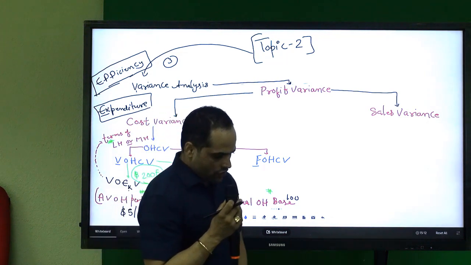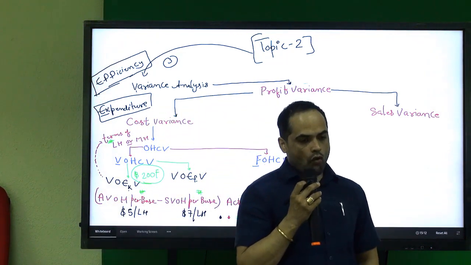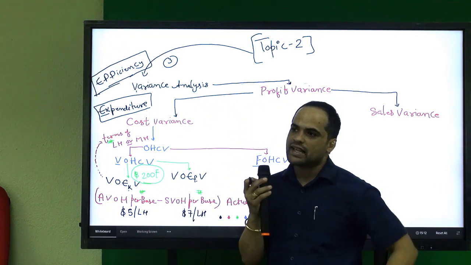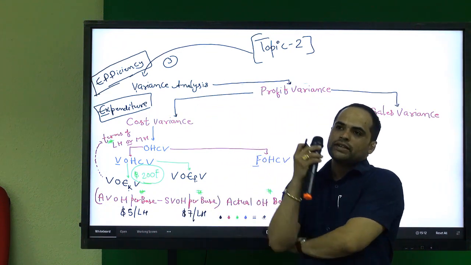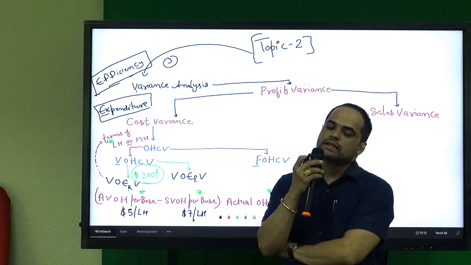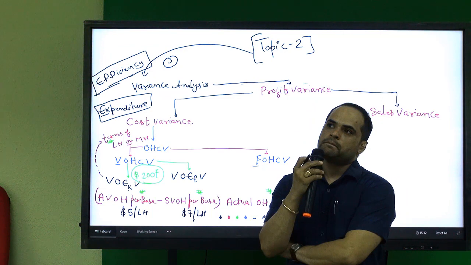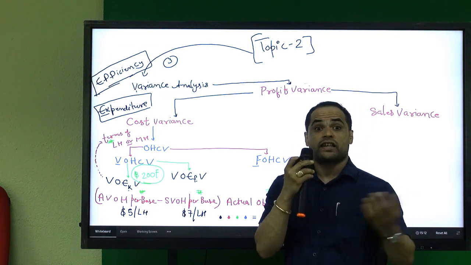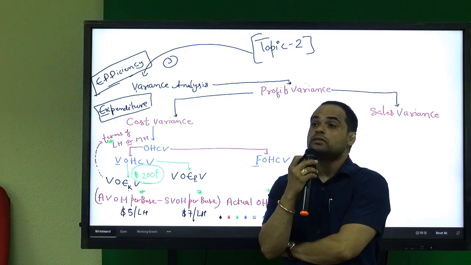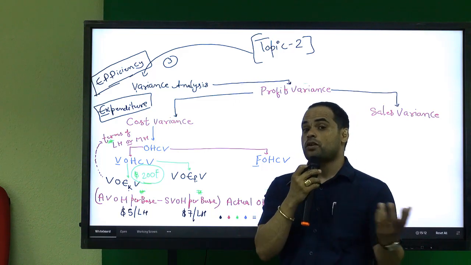It basically tells us whether plant assets are running as we expected, or producing the number of products as we expected.